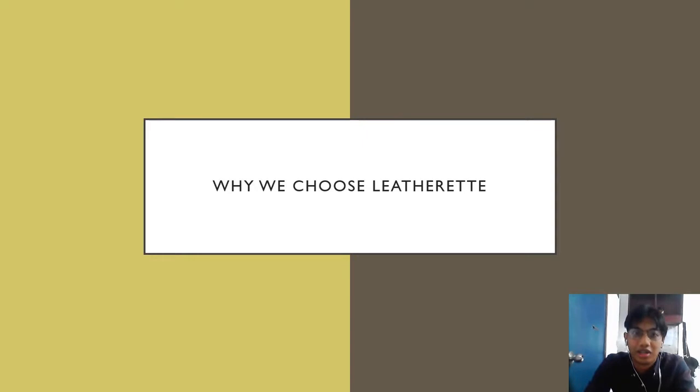So, the next part, I will explain my part, which is why we choose leatherette as an improved material from fabric. If you want to choose another product or material, we would choose leather as our choice.